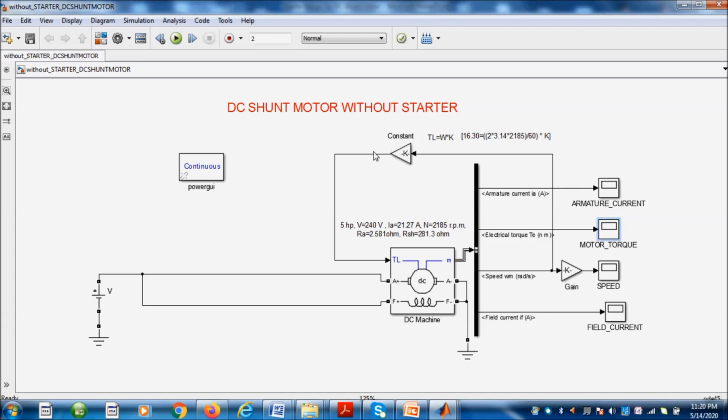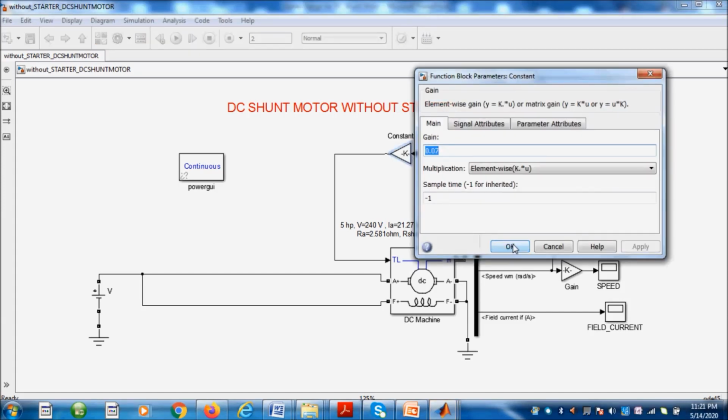Here observe, a torque proportional to speed type load is connected to the motor. See, TL equals speed times constant K. Here load torque is 16.30 Newton meter and speed is 2185 RPM. With this, the K value will be 0.07.